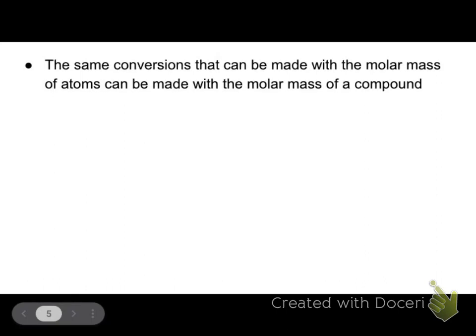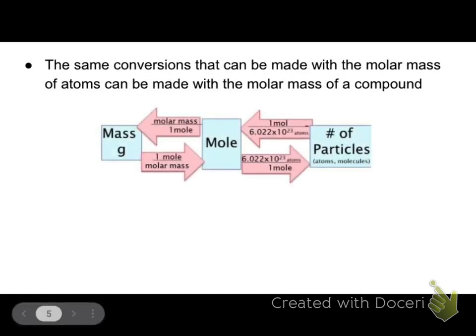The same conversions that we used with molar mass for just atoms of an element can be used with the molar mass of a compound. So, if you'll remember before, if we gave you the mass of an element in grams, you would then have been able to give us the number of moles, and from there, the number of particles, and then you can go the opposite direction as well.